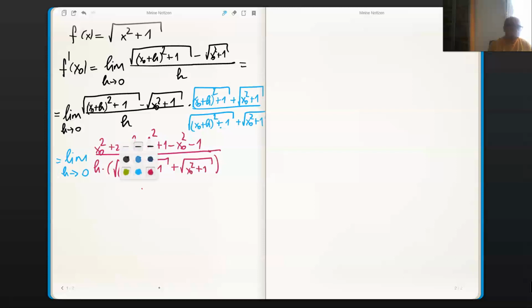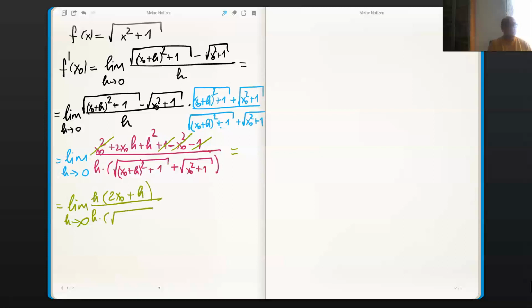Then, see what's happening. 1 minus 1, xo squared minus xo squared, everything is gone. So we really have only those expressions in the numerator where we can take h outside of the parentheses using the distributive law backwards. So we're going to have 2xo plus h, and then we divide it by h times the parentheses.